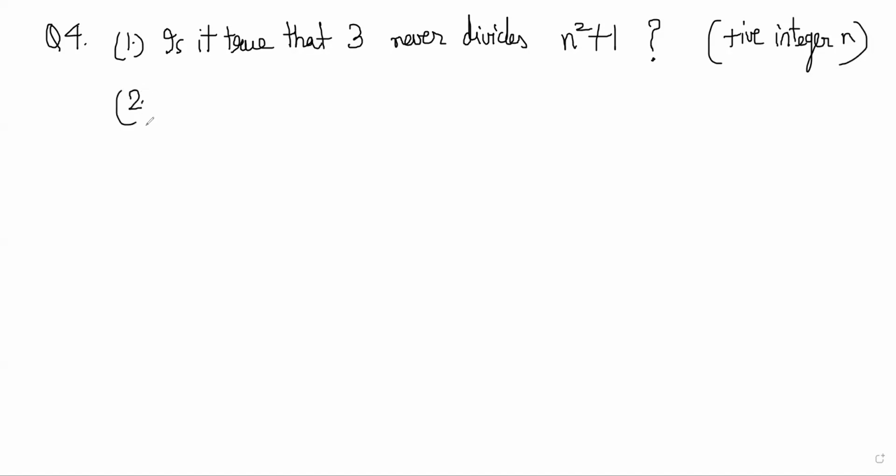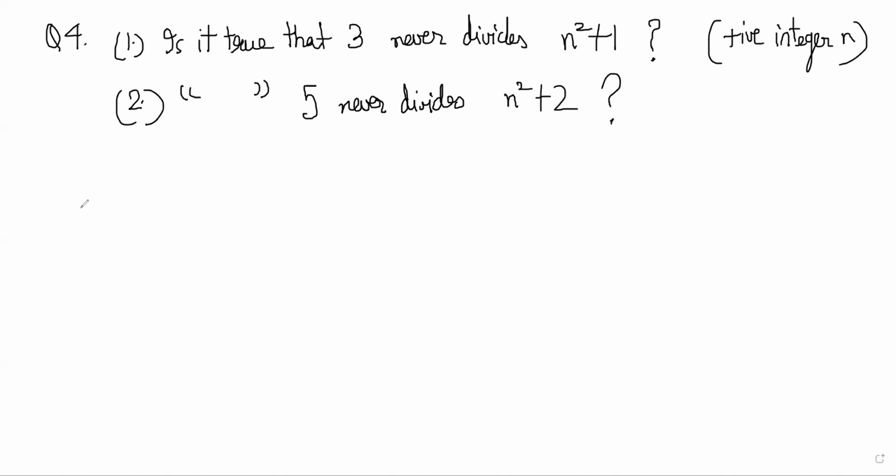And the second part of the question is saying, is it true again that 5 never divides n square plus 2 for a positive integer n? Now, this is a question that you can solve if you understood the previous lecture that I made on this subject, which is the subject of quadratic residues.